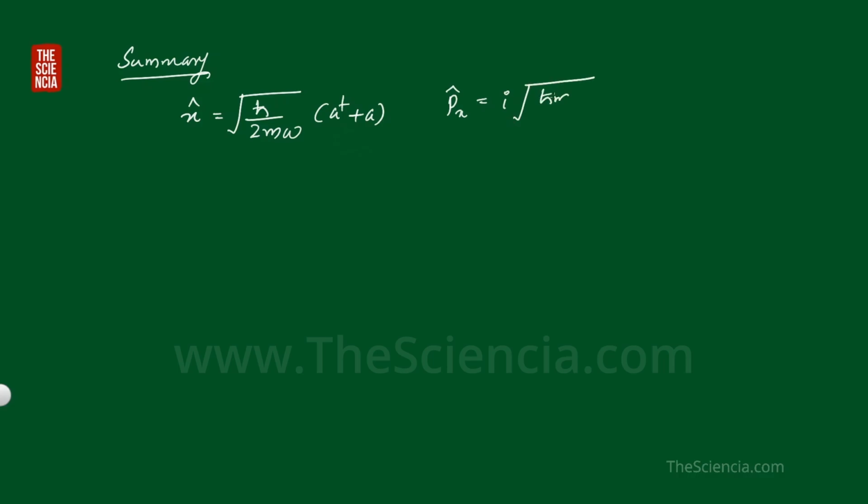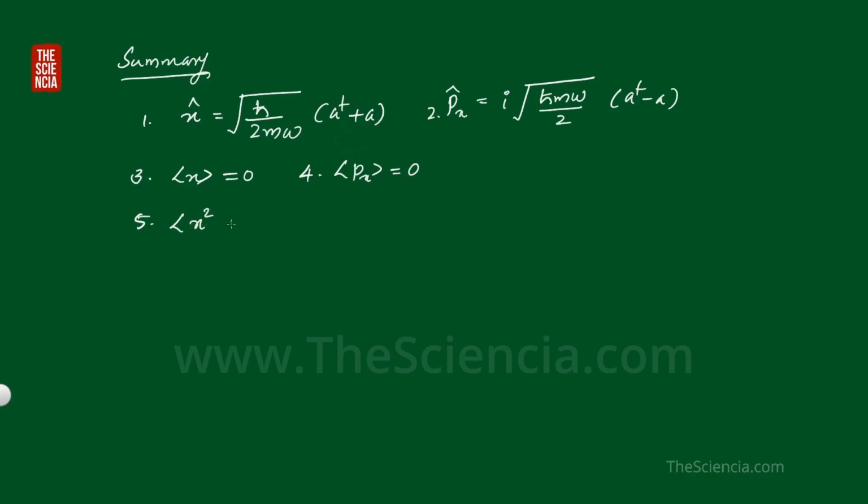Now let us summarize all these ideas. X cap is equal to root of h cross by 2m omega times (a dagger plus a), and px cap is equal to i into root of h cross m omega by 2 times (a dagger minus a). The expectation value of x is equal to 0, the expectation value of px is also equal to 0.